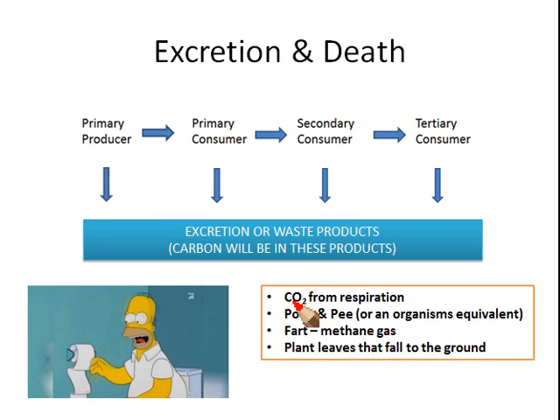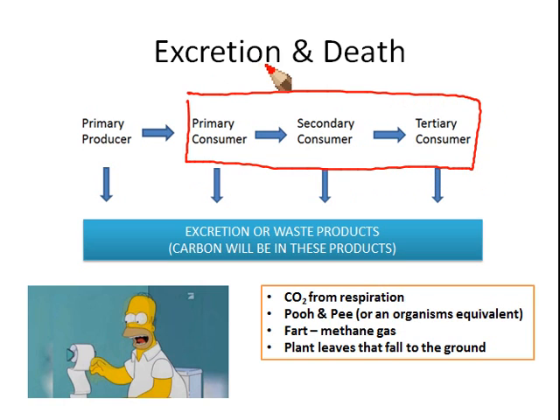Respiration will produce carbon dioxide and water as a form of waste. We know that these animals will produce fecal material. Cattle are renowned for producing methane gas when they fart. And in terms of waste for plants, that plant waste might be in the form of leaves.